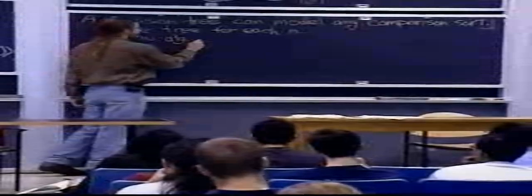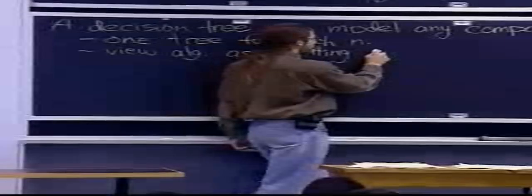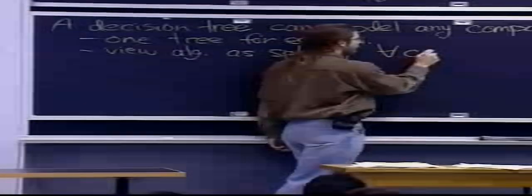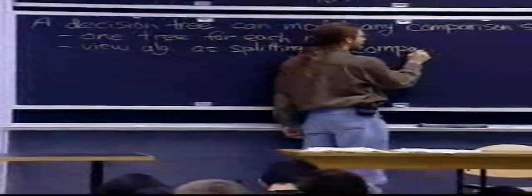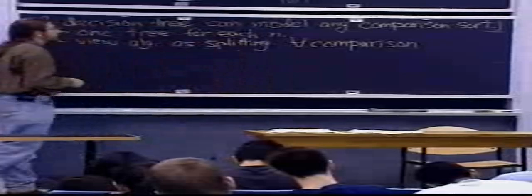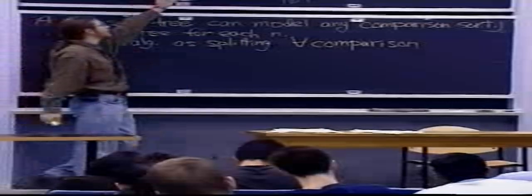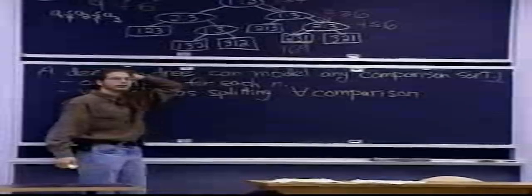So we'll view the algorithm as splitting the tree for each comparison you make. Okay, so when this algorithm, the first thing it does is compare 1 and 2.